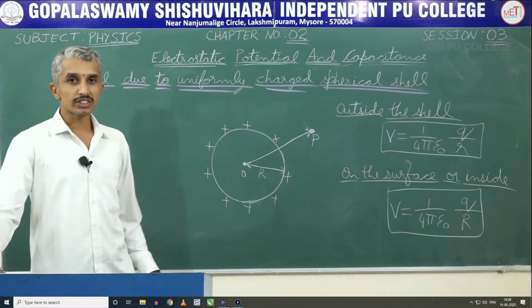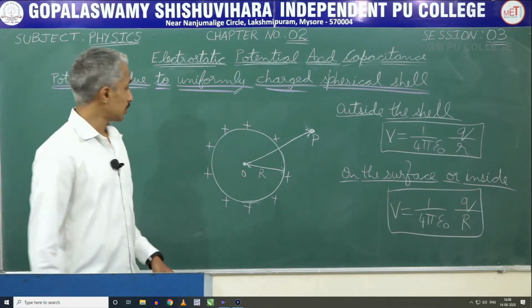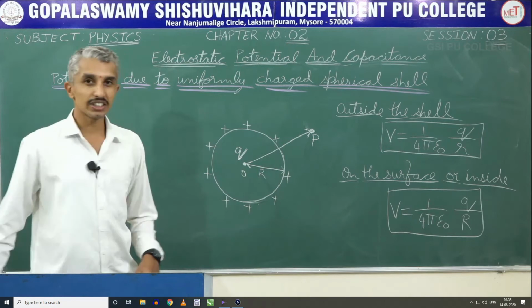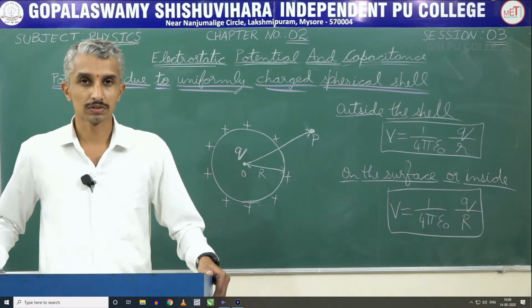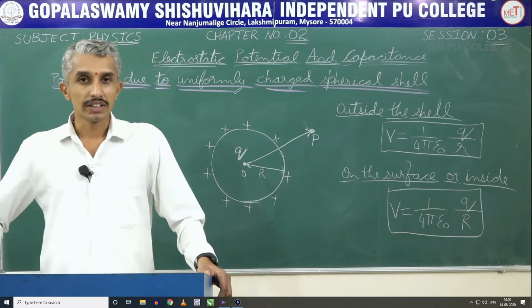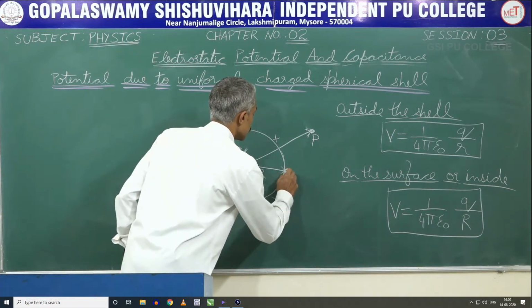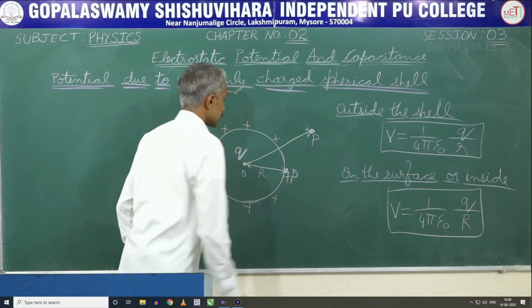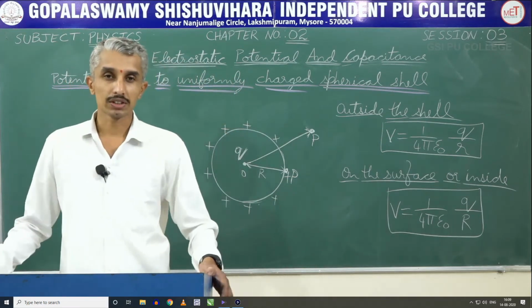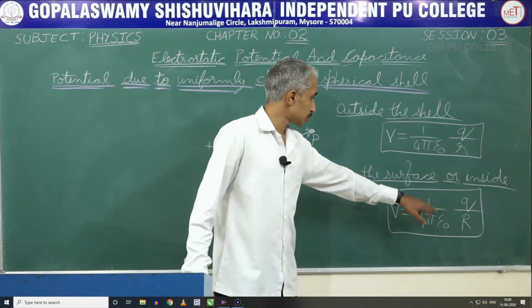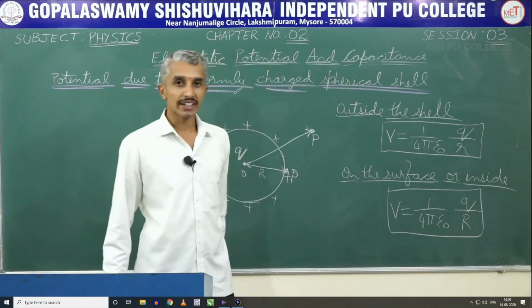The effect will be such that all the charge is considered to be concentrated at the center of the sphere. Similarly, for a point on the surface of the sphere, the potential is given by 1 by 4 pi epsilon naught into q by capital R, where R is the radius.